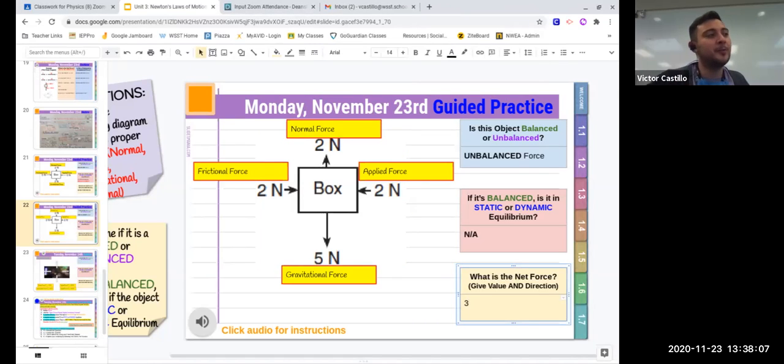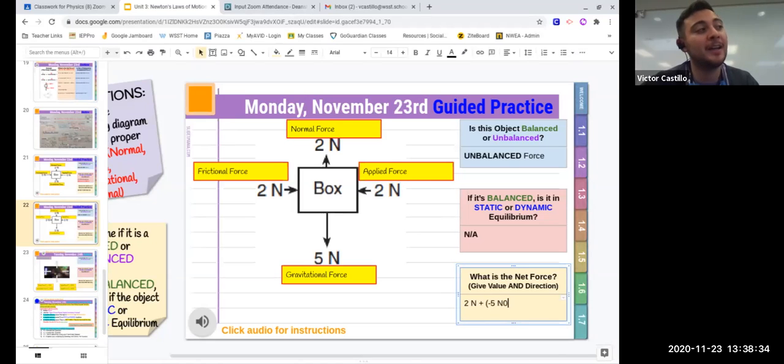Now, that's the thing we have to think about. We know the frictional force and the applied force cancel each other out. And we know we're trying to push 2 newtons of force up, and we're trying to pull 5 newtons of gravitational force down. So we always know the bigger value is 5. So let's take that 2 newtons of force and let's add that to our -5 newtons.